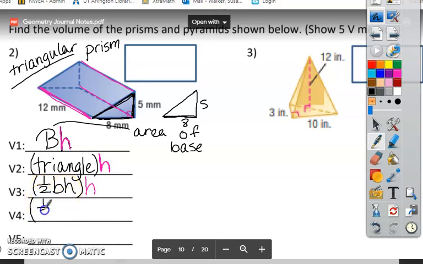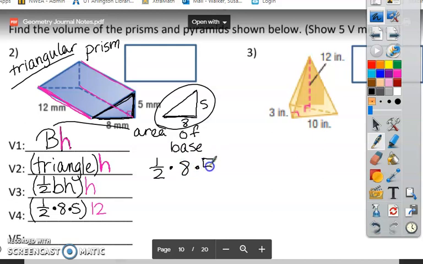Okay, so half, look at the triangle, 8 times 5, or 5 times 8, it doesn't matter. And then the other height is the one that connects, remember, which is 12. Okay, so now I'm not going to put parentheses. I'm not worrying about colors because I have all of the correct numbers.